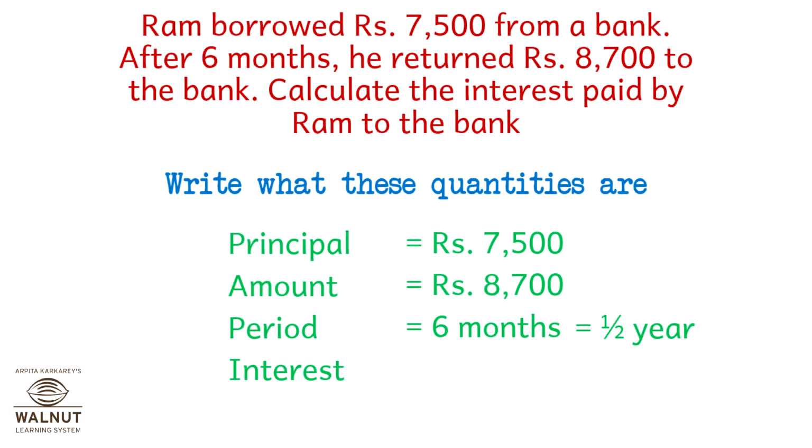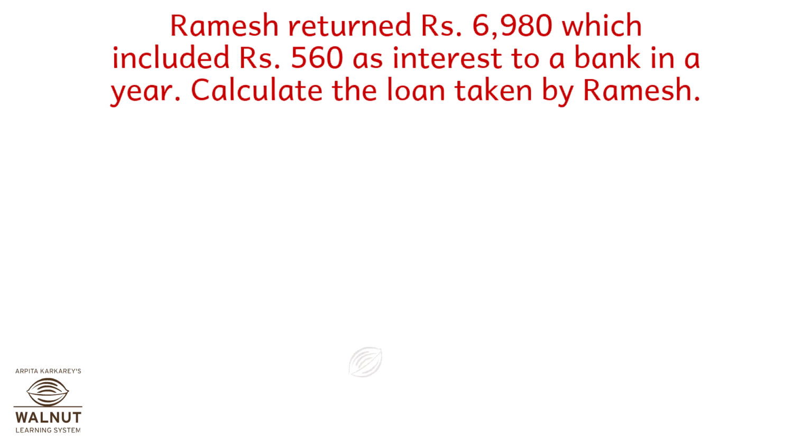After 6 months, right? So 6 months, which is half a year. And the interest I is equal to amount minus principal, which is 8,700 minus 7,500, which is equal to, correct, 1,200. Let's move on. Quickly now.